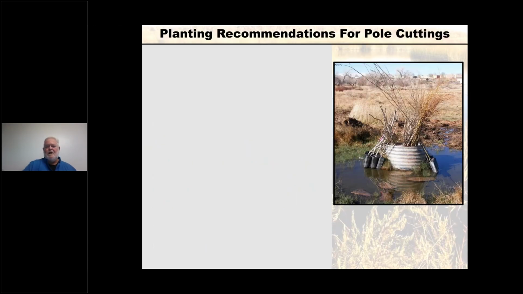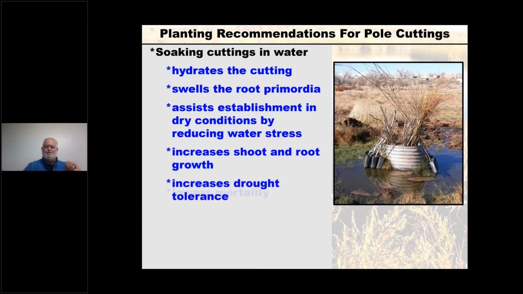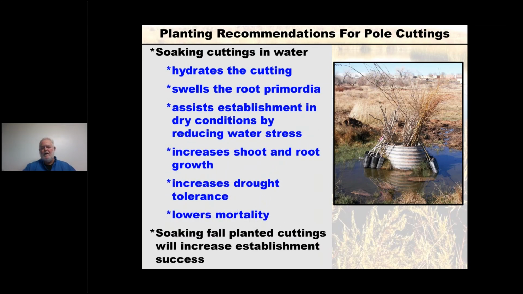All right, so let's talk about some planting recommendations for pole cuttings. Number one is soaking the cuttings. It hydrates the cuttings and it starts swelling the root primordia. And remember that the root primordia are below the bark area. What you want to do is swell those root primordia until they're just about to come out of the bark, to extrude out of the bark.